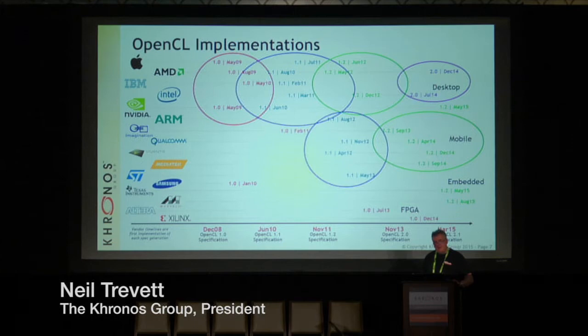So the latest desktop implementations are 2.0. The latest mobile implementations are typically 1.2. But I'd say now we have the FPGA community who's using OpenCL 1.0, but it is quite enabling in that space where FPGAs can be programmed with the framework of the power of OpenCL, and as I mentioned, the embedded guys, Marvell and TI, hopefully the first of many in the embedded space shipping OpenCL as well.